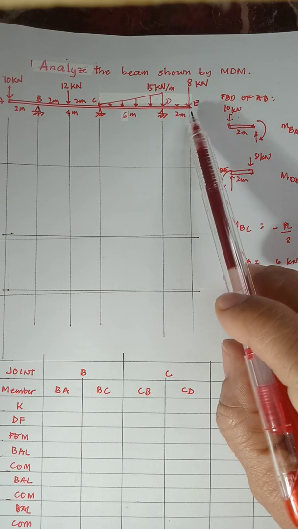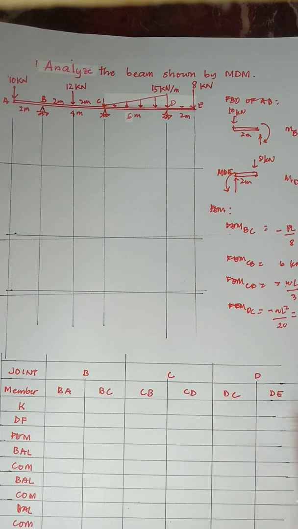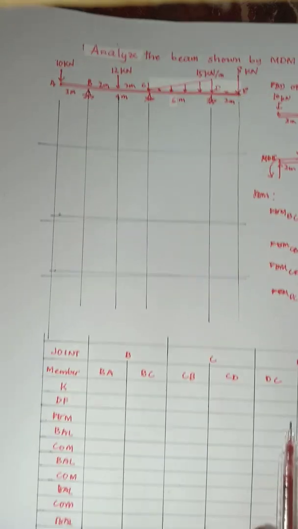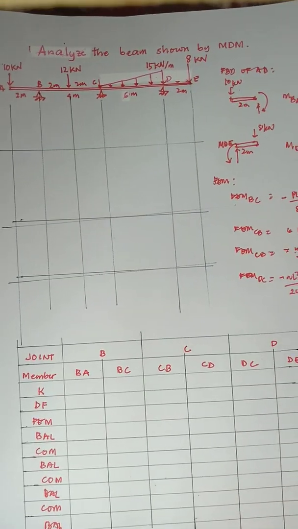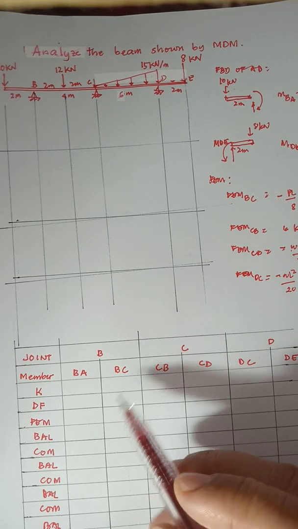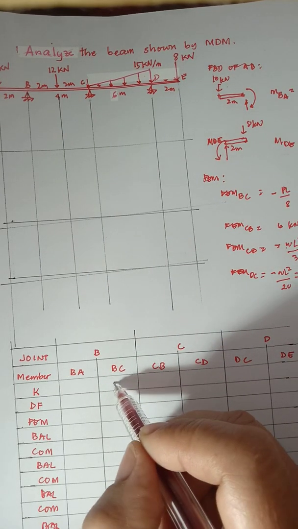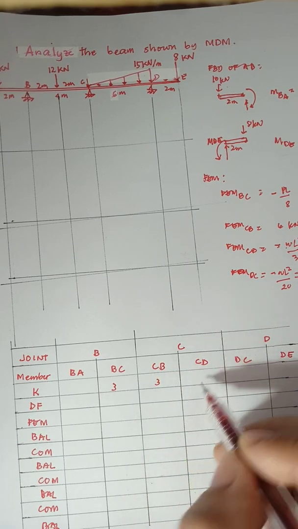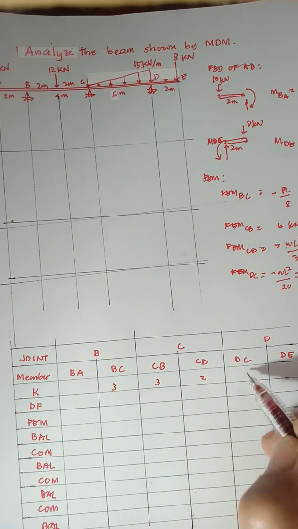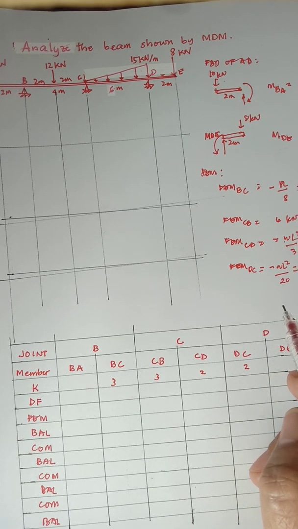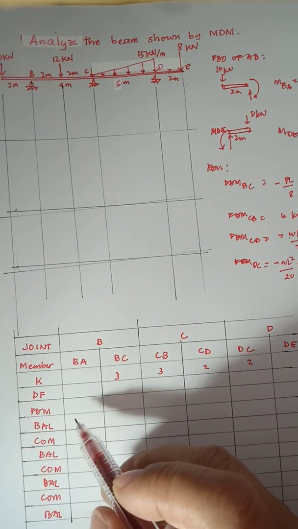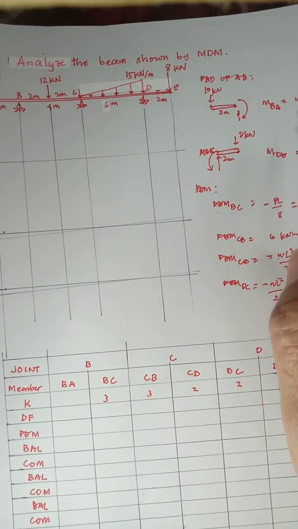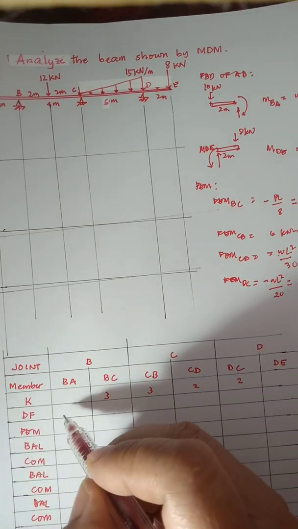E is an overhanging end, so you don't treat it as a joint. So for K, we have KBC 3, KCB 3, and KCD 2 and KDC 2. For the fixed end moments, BA is a moment, which we have already solved, equal to 20.